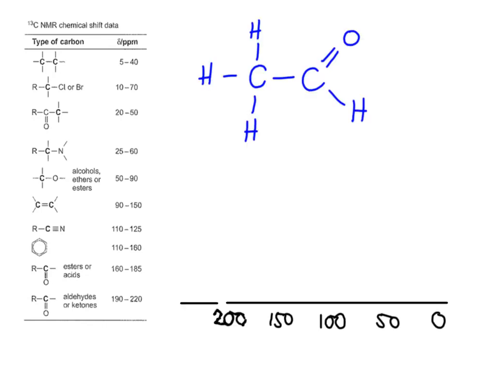So here's ethanol. See if you can spot how many different carbon environments it has. Well, hopefully we're happy that there are two different carbon environments, so they're not identical, those carbons. One is clearly in a carbonyl bond.